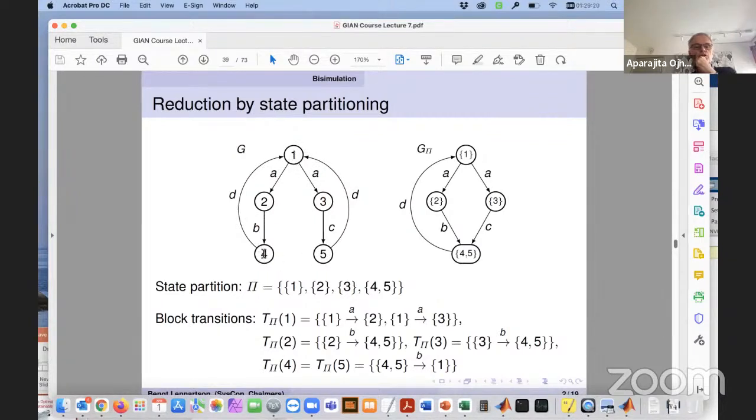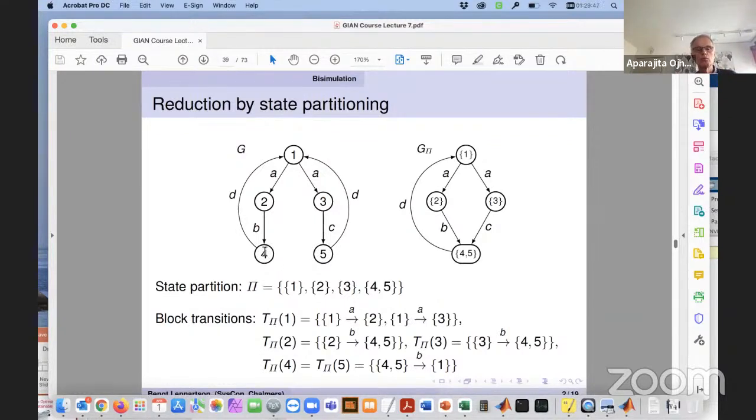That means that if we join 4 and 5, we should still get the same future behavior, because in both cases, with the D event, you reach state 1. That means that we say that these two states are bisimilar.